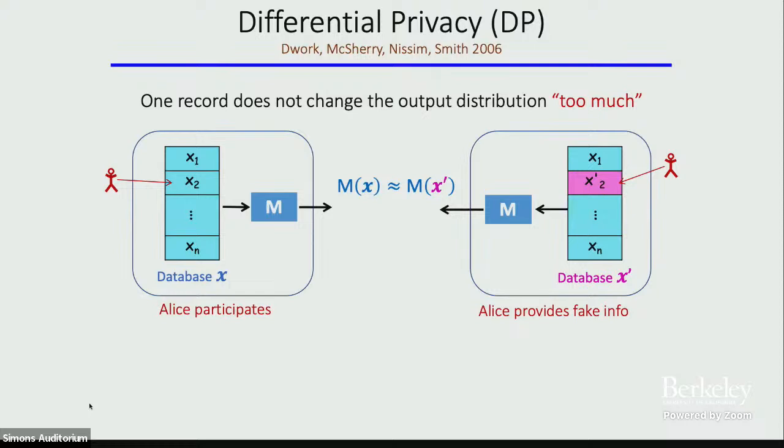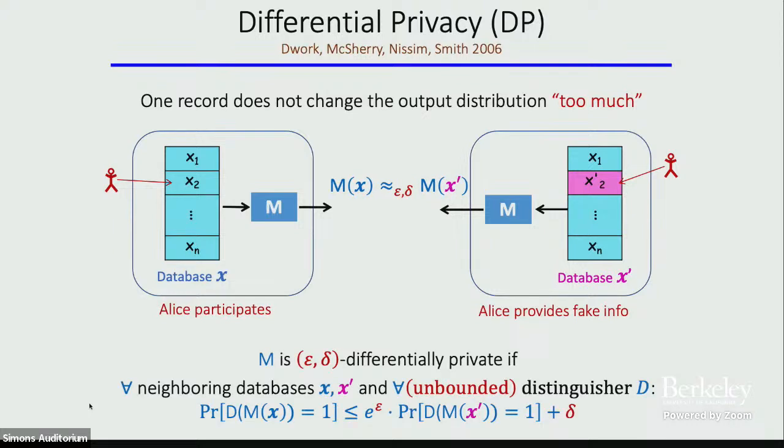To make it formal, we say that a mechanism M is epsilon-delta differentially private if for every two neighboring databases X and X prime, meaning that they differ only in one entry, the distribution of the output of M on X is epsilon-delta close to the distribution of the output of M on X prime.